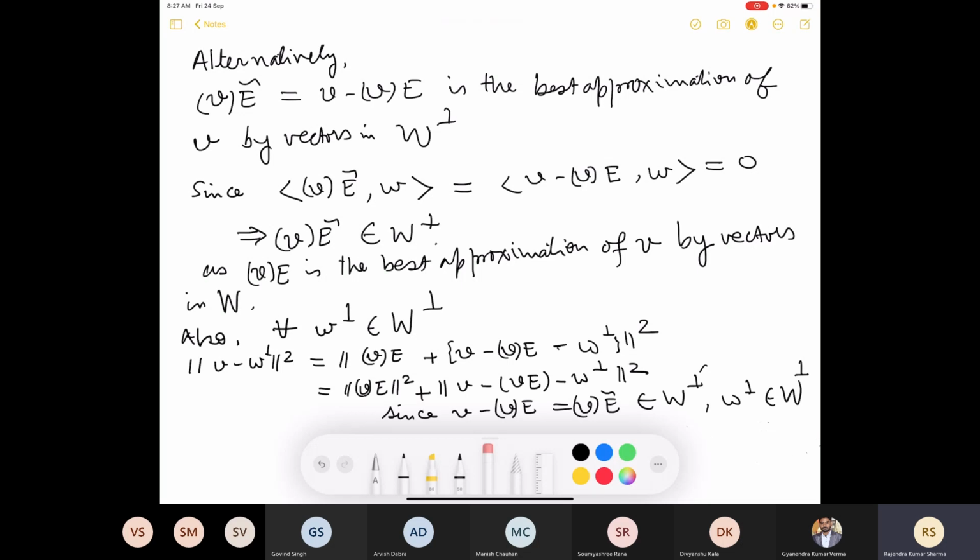And of course, this is using the norm of x plus y square is norm x square plus norm y square plus the inner product xy plus the inner product yx. These two terms will be 0, because of this happening.